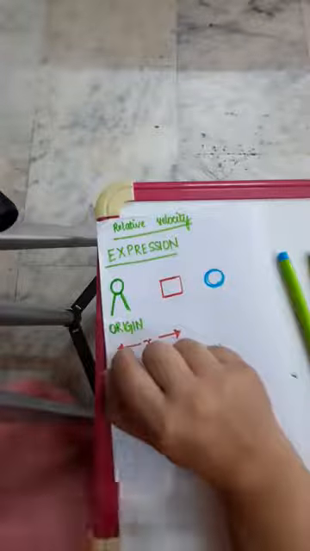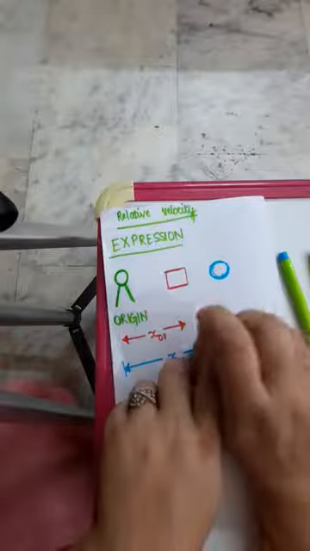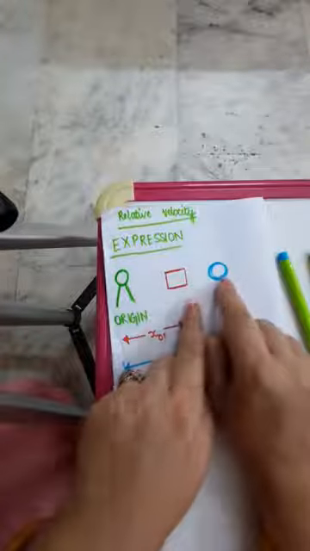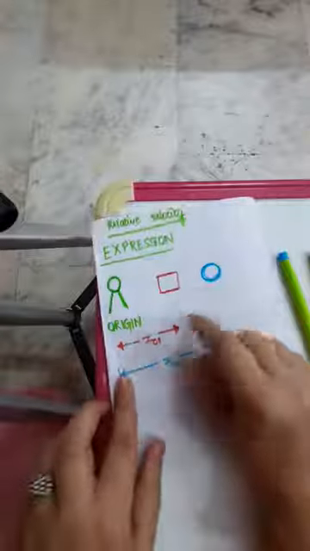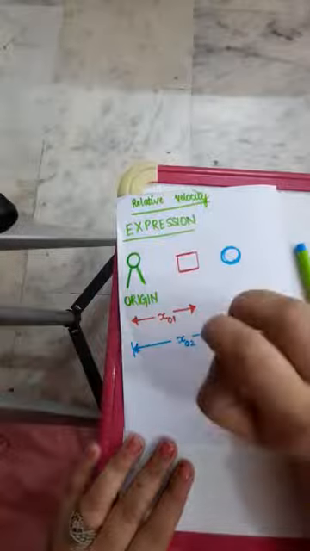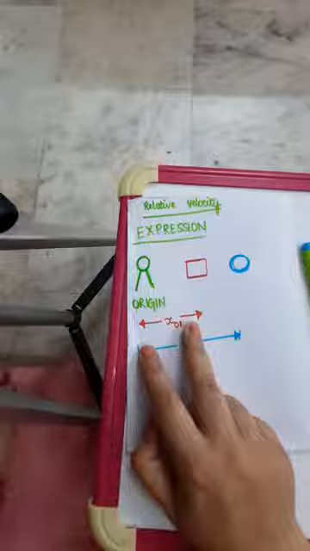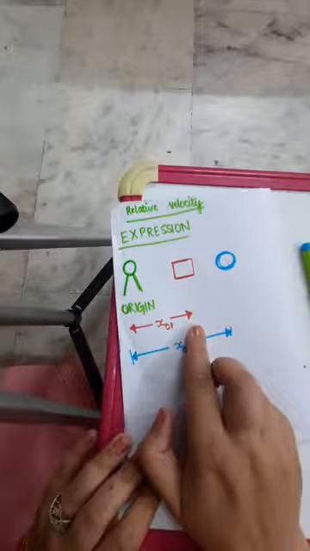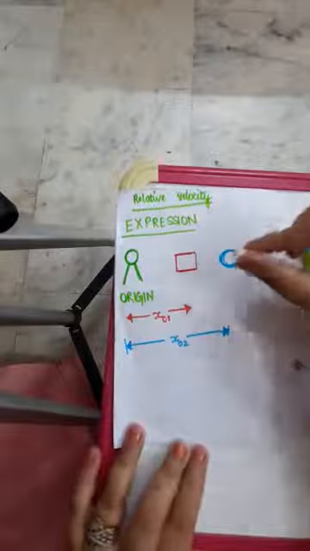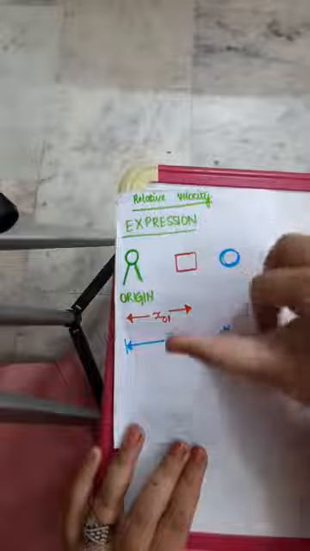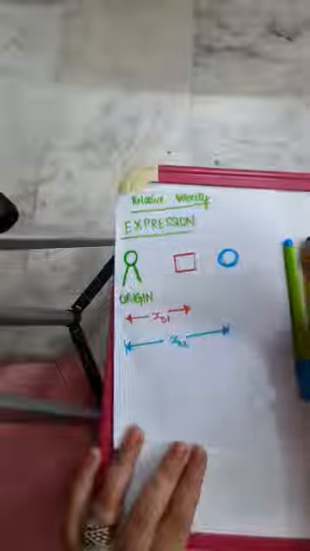Suppose this is the origin, this is object number 1 and this is object number 2. Object 1 and object 2 are not lying at the origin. Rather, object 1 is situated at a distance x01 from the origin, and object 2 is situated at a distance x02 away from the origin.